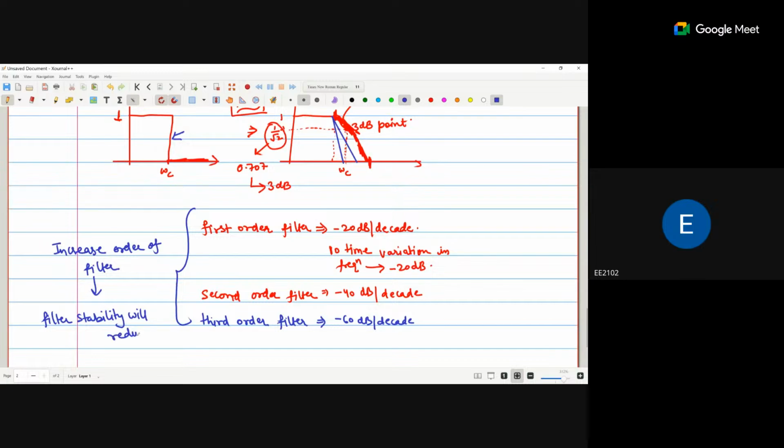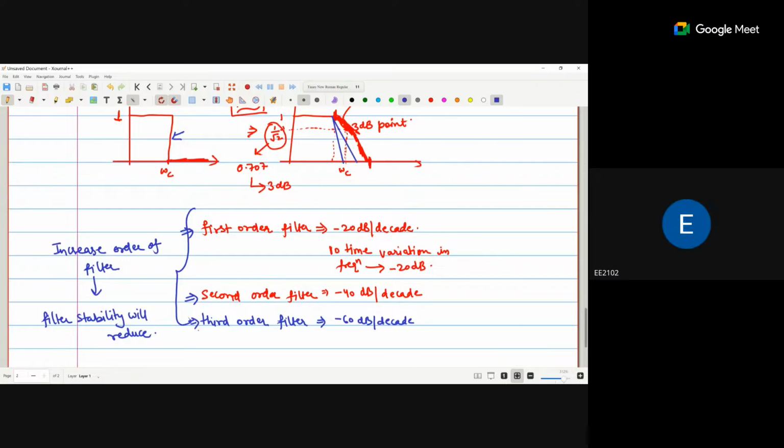So that's why we only go with the first order, second order, or maximum the third order filter, not more than that. But that third order is also sometimes unstable. That is dependent on the gain.